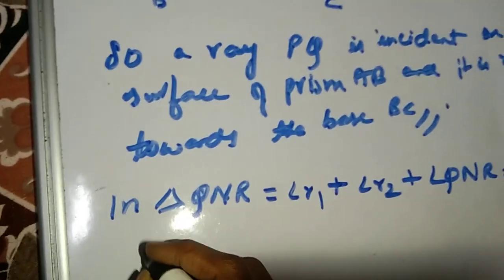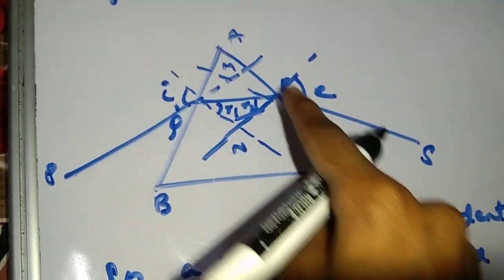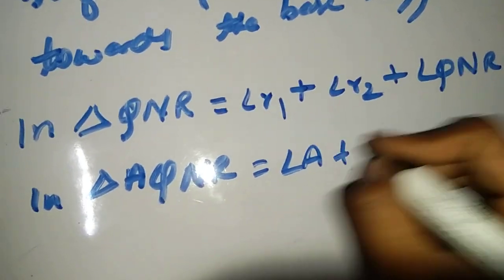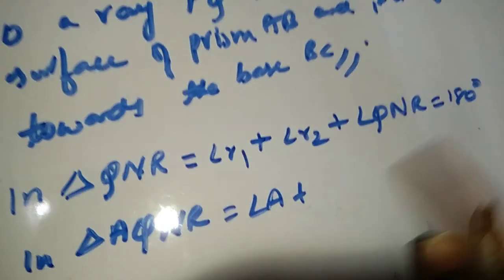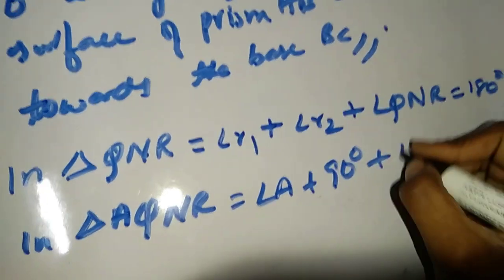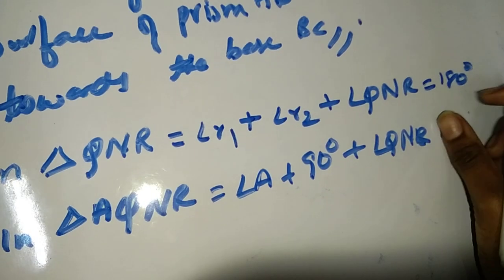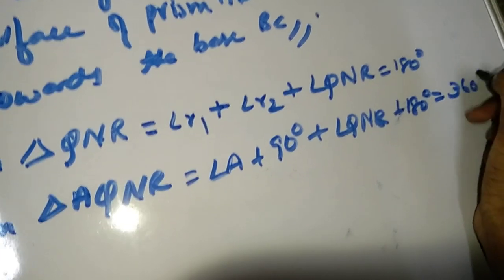Now let us take a quadrilateral. What quadrilateral will we take? AQNR, the whole thing we are going to take. So can I tell angle A will come plus angle QNR will come. Now angle A will be 90 degrees, and even angle QNR will be 90 degrees. The sum of angles of a quadrilateral is equal to 360 degrees.